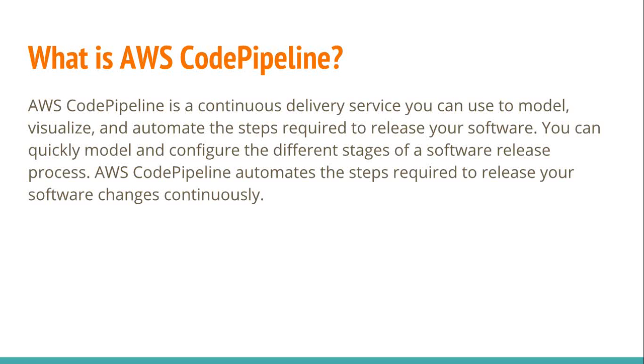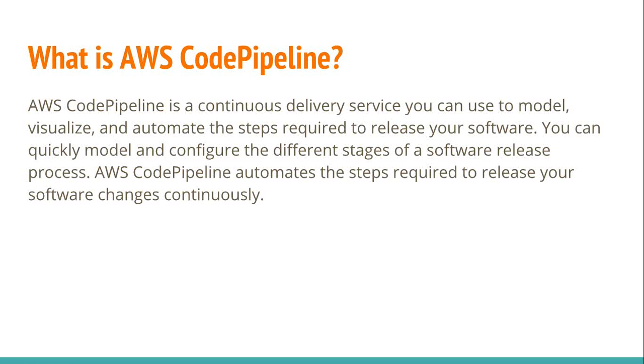Once the release development is completed, we have to build the code and deploy to multiple environments. If we use the AWS CodePipeline service, we can do these steps automatically.